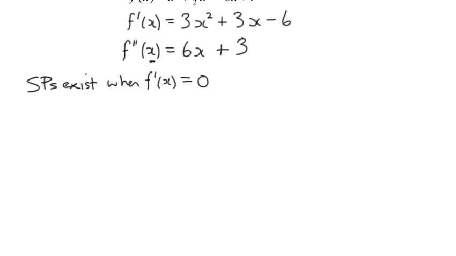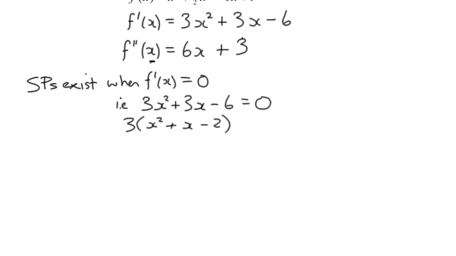So going back to our first derivative, we can say, i.e., 3x squared plus 3x minus 6 equals 0. We can factorize that with a common factor of 3 first of all, which we can then divide through by, to leave us just with x squared plus x minus 2 equals 0.